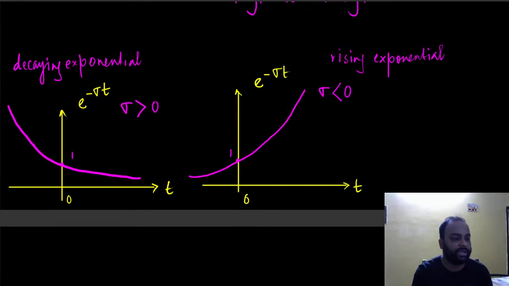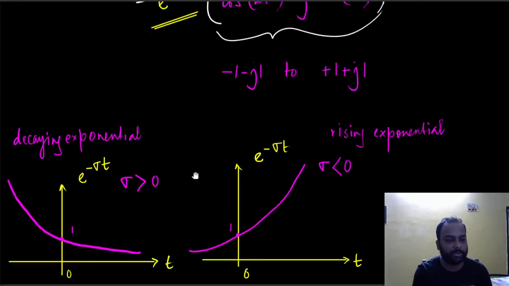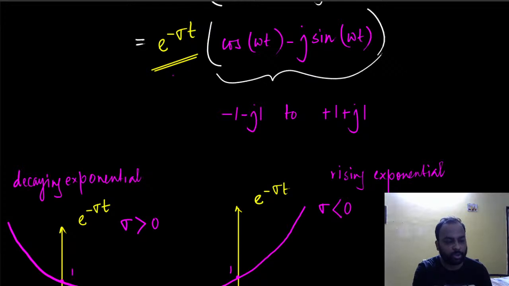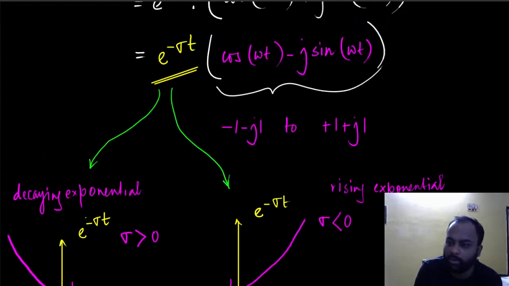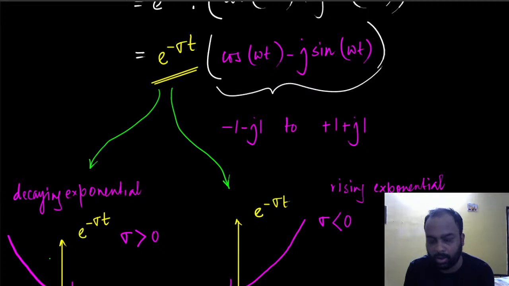We're talking about decaying exponentials and rising exponentials, so we're talking about this portion of the signal. This e to the power minus sigma t can either look like this one or look like this one, depending on whether sigma is a positive real number or a negative real number. Of course, sigma cannot be 0 in our situation.